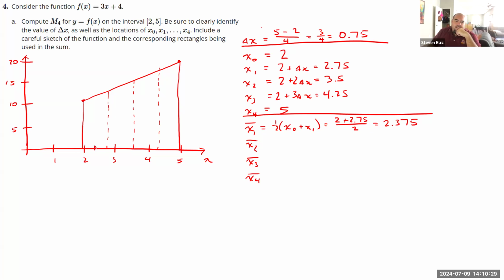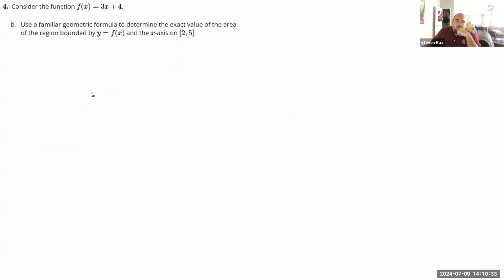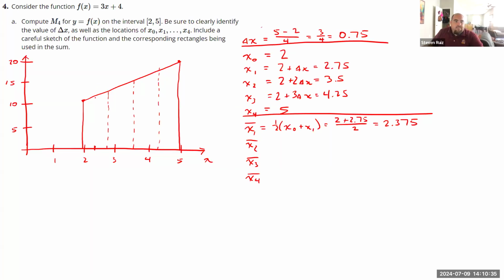So halfway across that interval is where I'm going to sample. Basically, I want to think of this first interval as a rectangle and find that area.